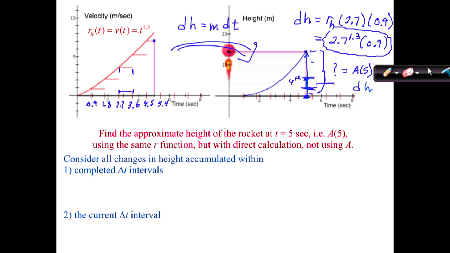So you said we need to consider all the changes in height accumulated within each complete interval. This is key language here. Remember this: completed intervals. How many completed intervals at t equals 5? There are 5. Okay, and it's not because t equals 5. It's just because that's how many completed intervals there are before t equals 5.